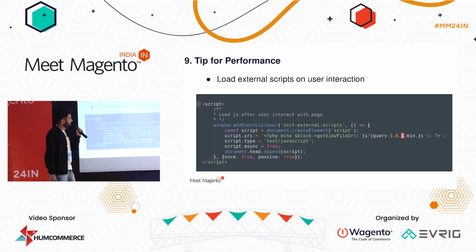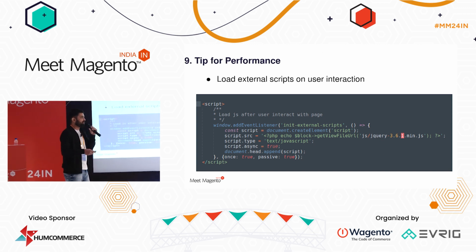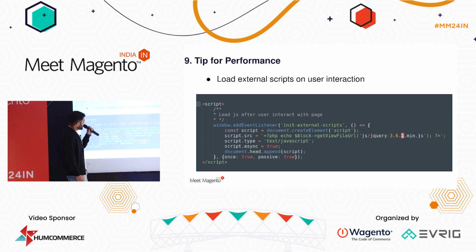Sometimes we want to add a third-party script in our custom pages, but you know those third-party JavaScripts block rendering resources, and our Google ranking will show that your speed seems slow. For this issue, Hyvä introduced a new function, init external scripts, which is basically a JavaScript event.